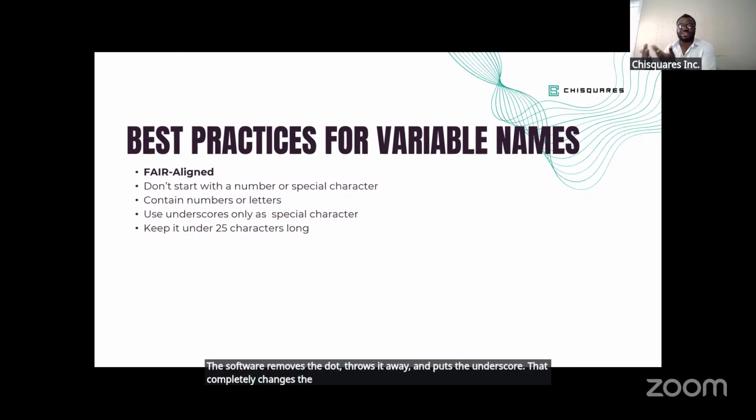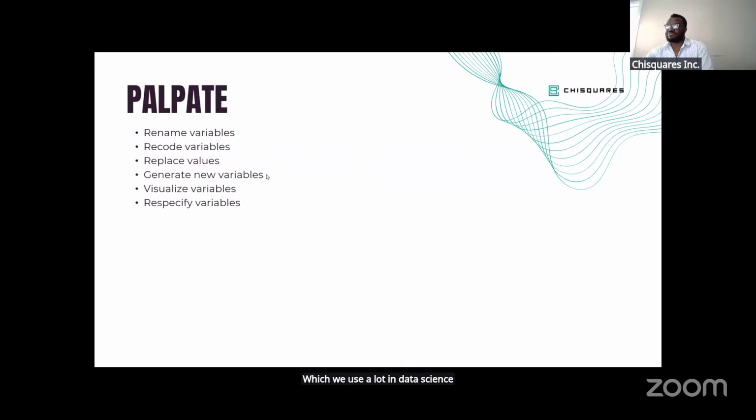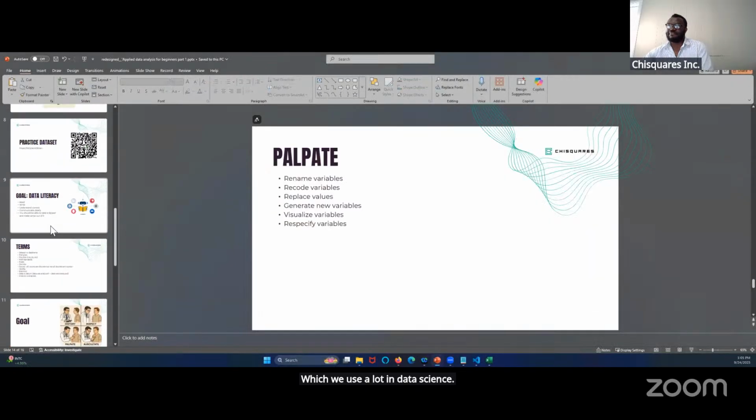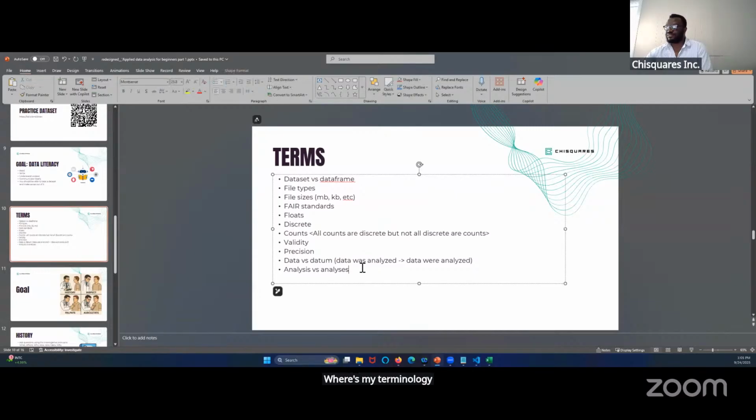The data dictionary now is no longer the single source of truth, right? Oh, let me add one more term, which we use a lot in data science. Where's my terminology sheet? So we'll talk about single source of truth quite a bit.